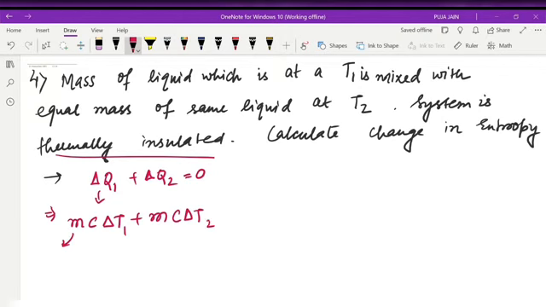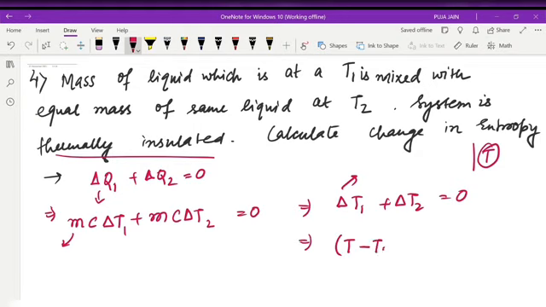So del T1 plus del T2 equals 0. Let the final temperature be T. So (T minus T1) plus (T minus T2) equals 0, and I get T equals T1 plus T2 by 2.